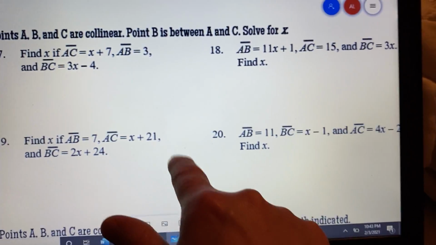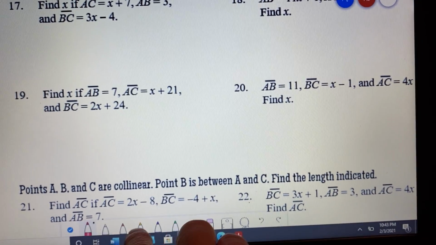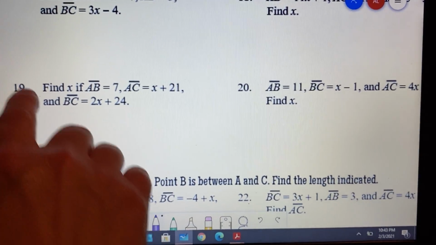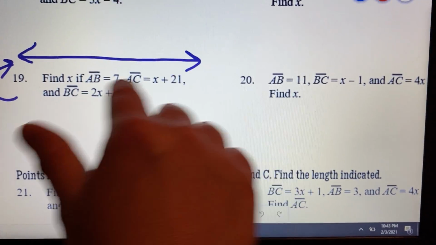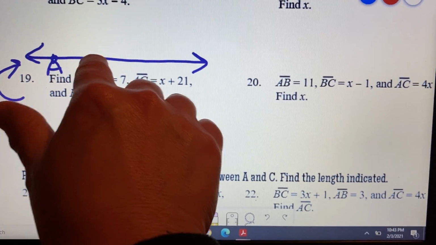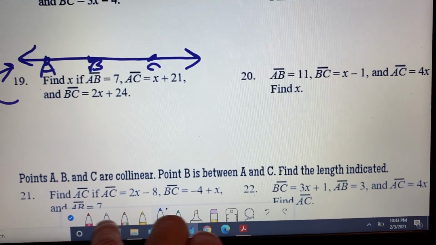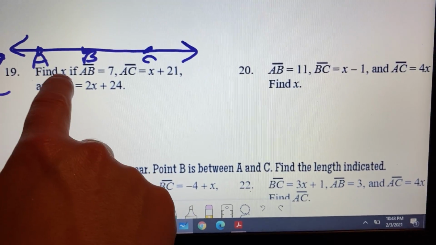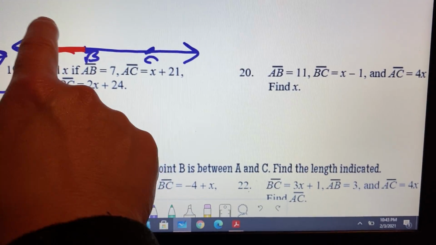All right, let's go to this next part. Let's look at 19. It's the same image. I'm actually going to draw the picture up here so I have more room. So here's my line, my A, my B, and my C. And it says find X if AB is 7. So AB is 7.